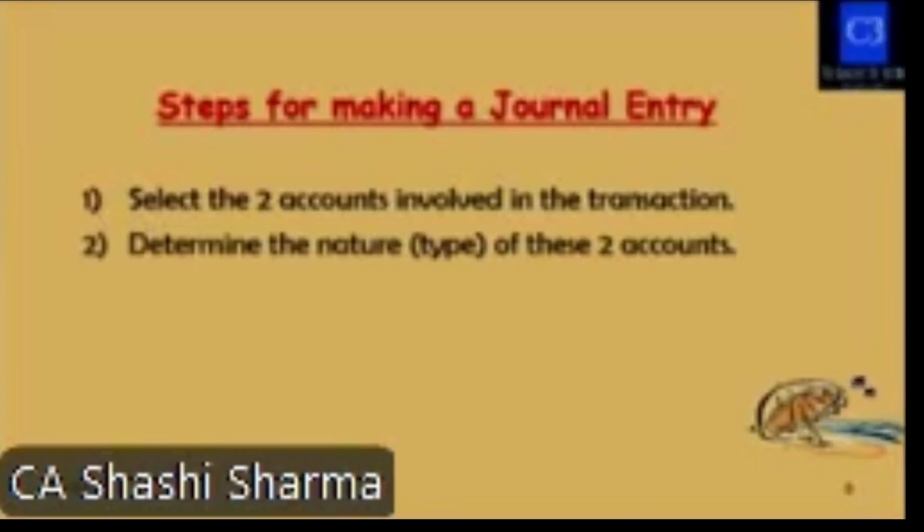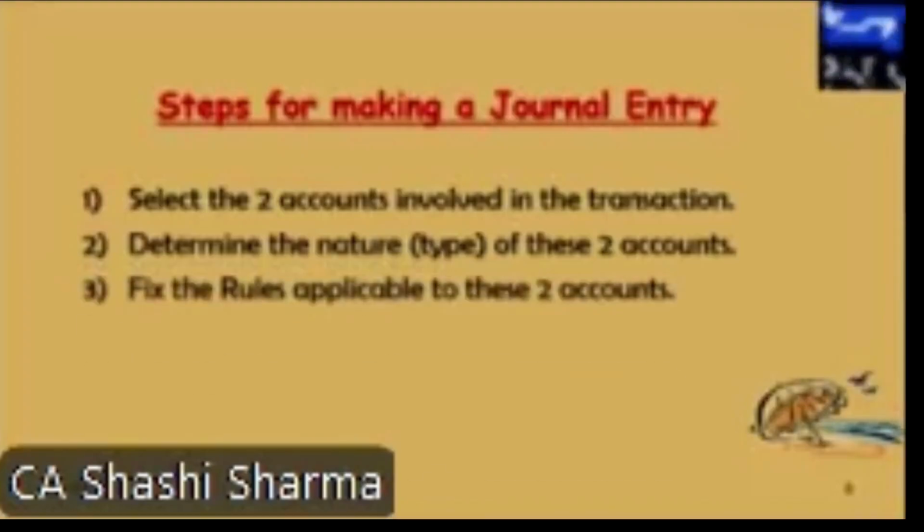Accounting is also known as double entry system. So always in a transaction, there will definitely be two accounts involved. There can also be 3 or more accounts, more than 2 accounts, but not less than 2 accounts. In all transactions, you will definitely find at least 2 accounts. So search for the names of those 2 accounts, then decide about their nature as to under which category, whether personal or real or nominal, they fall.